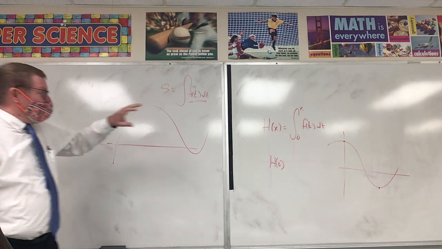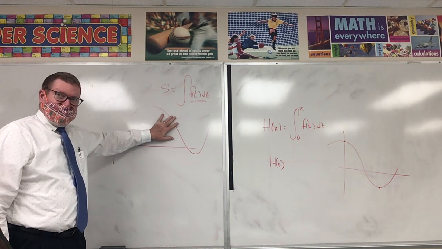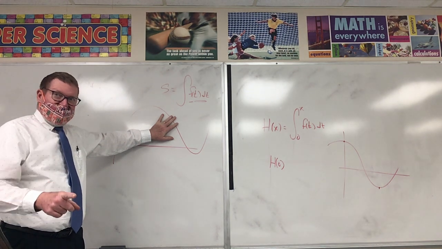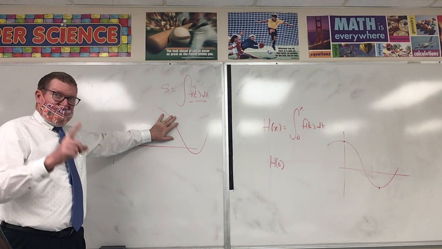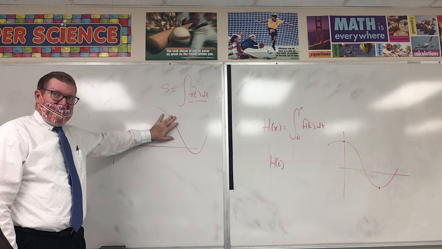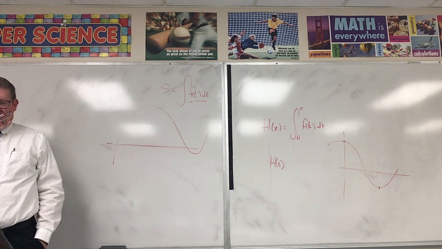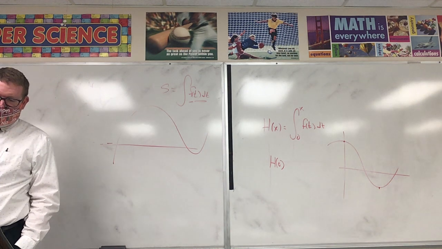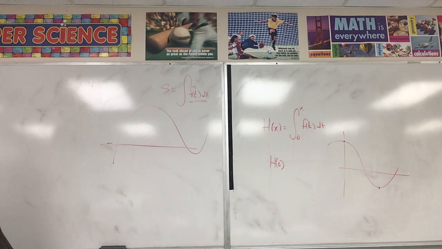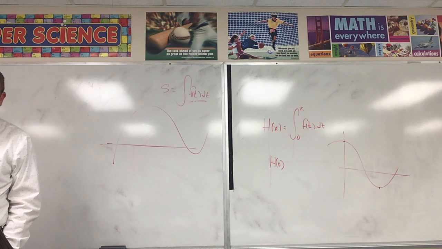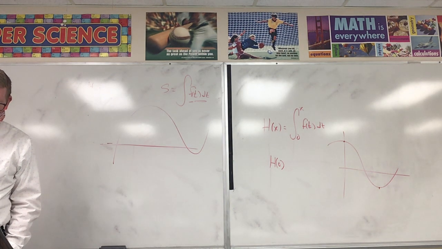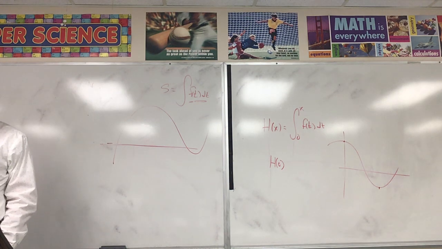If I have velocity and I want to find position, what do I have to look at? Area under the curve, correct. So I'm looking for the position at time equals 3, so I need to look at the area from 0 to 3.